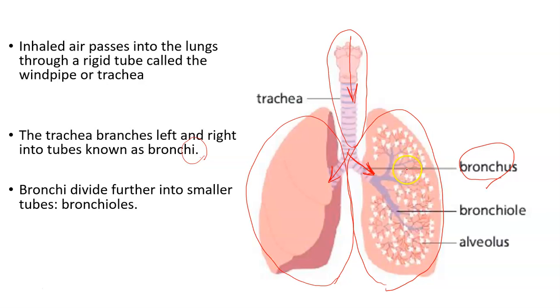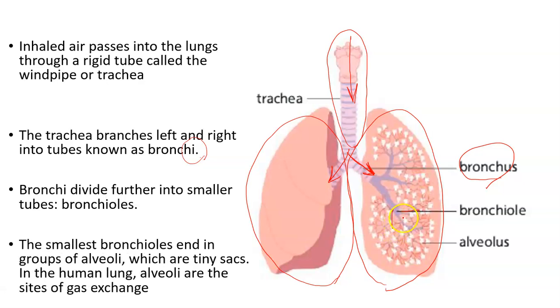Bronchi divide further into smaller tubes called bronchioles. So each bronchus, left and right, divides into tiny tubes called bronchioles.